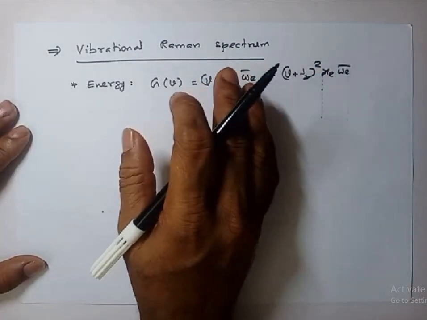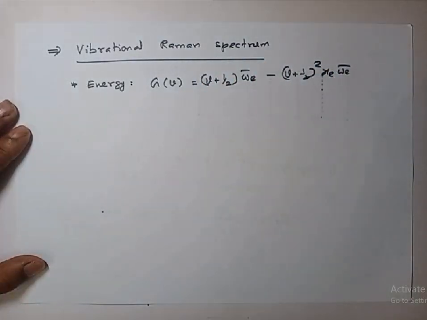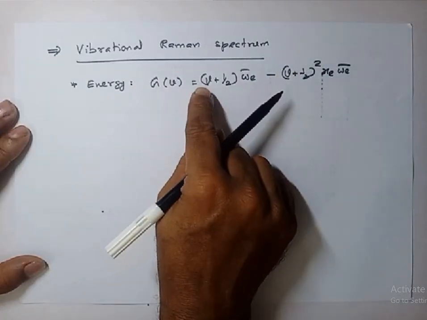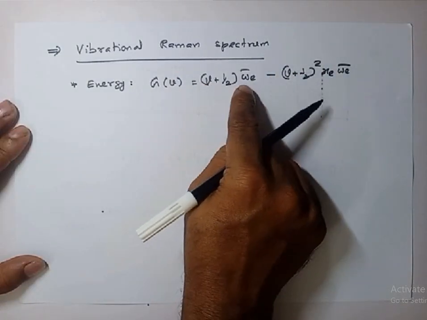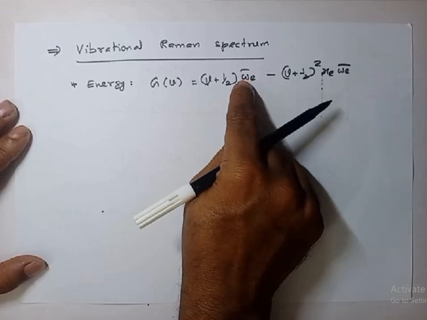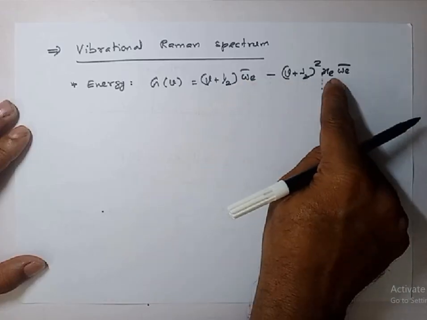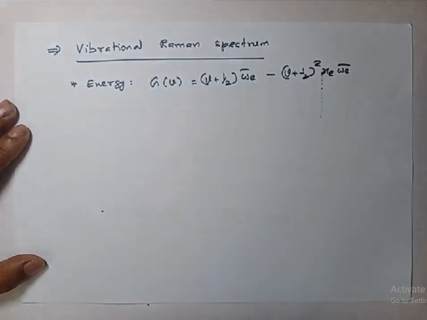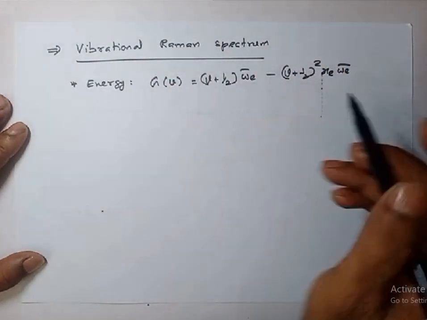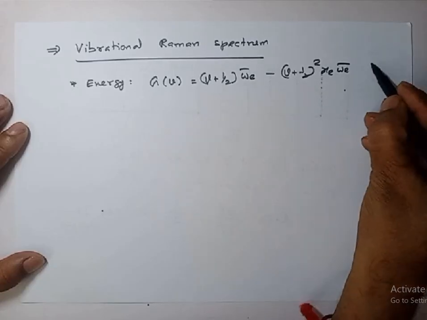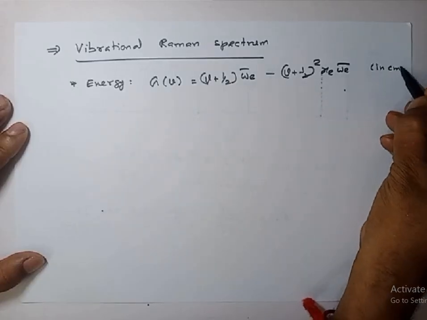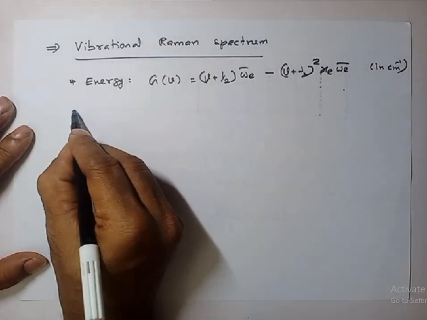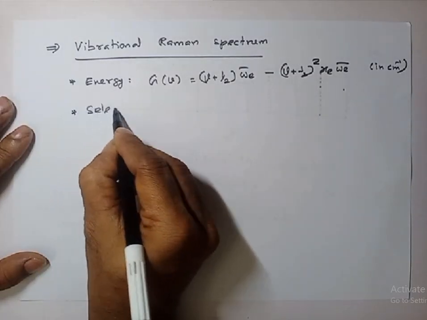Assuming the molecule is an anharmonic oscillator or Morse oscillator, this is the energy formula. v is the vibrational quantum number, omega_e bar is the equilibrium vibrational frequency, and x_e is the anharmonicity constant. All these things you know very well. I have given the energy in centimeter inverse, in wave number units. Now, what is the selection rule?